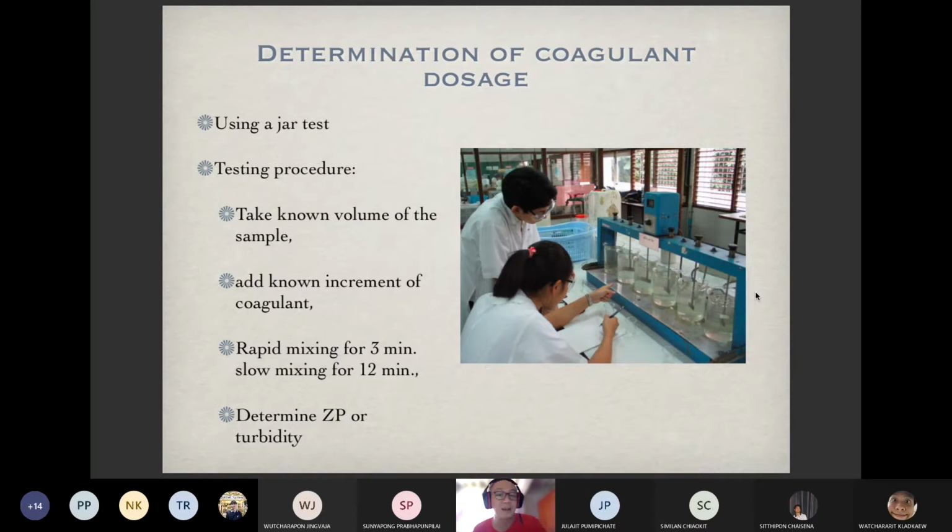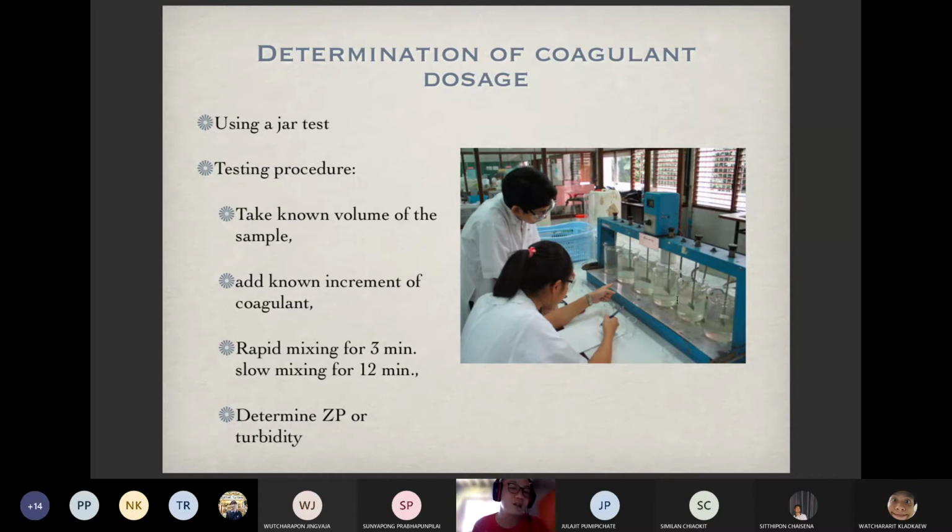You need to add more alum, but you don't know how much, so you have to conduct this test. If tomorrow the concentration of suspended solids, measured in terms of turbidity, is 1000 NTU, how much coagulant needs to be added? This is why we have to do the jar test.